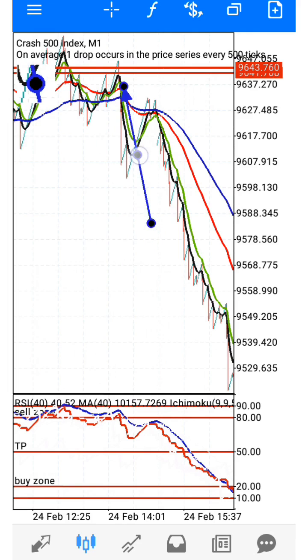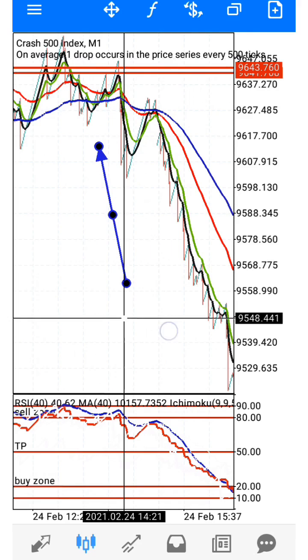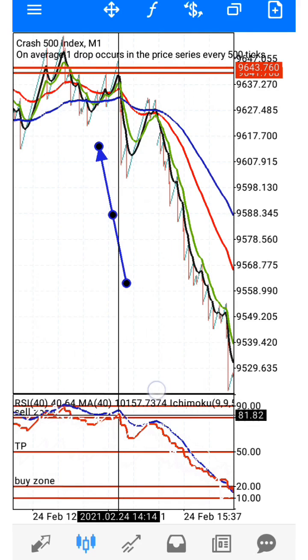Both conditions are met here. And see the third condition: this Ichimoku and this RSI are at the overbought level. The market needs to sell and go down. So that's a very perfect entry for you to enter your market and capture your spikes as much as you want.